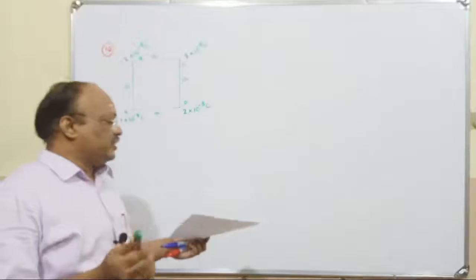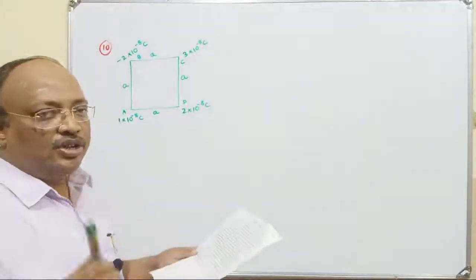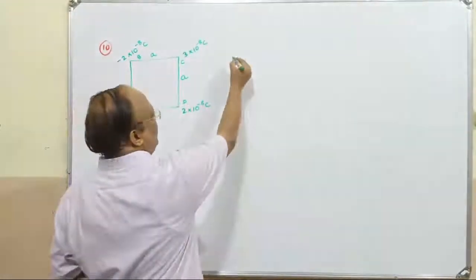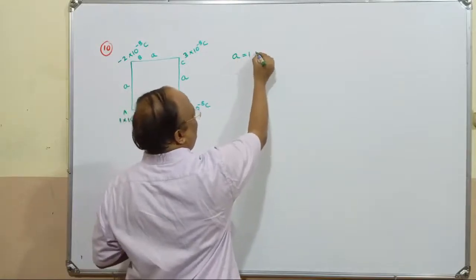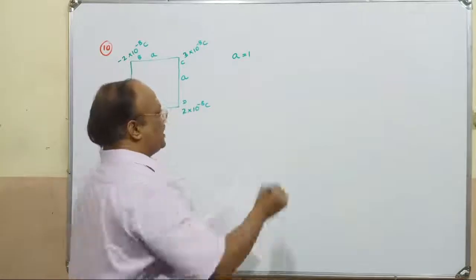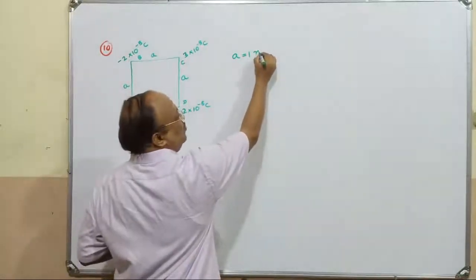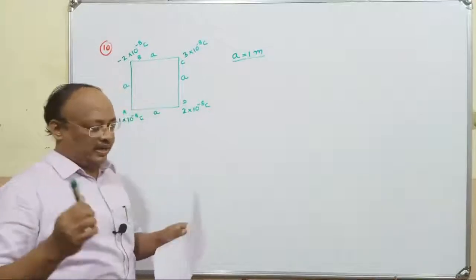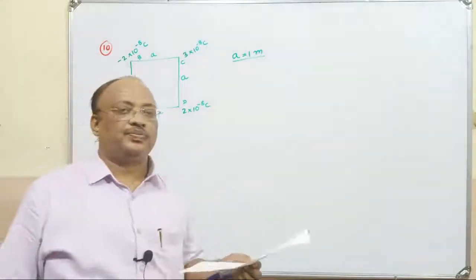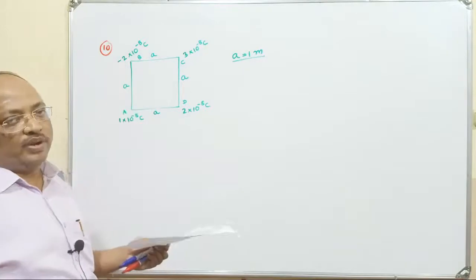In fact, the side length is not mentioned in the question. You just write down there and take this value A as 1 meter, just to take, since it is not mentioned.